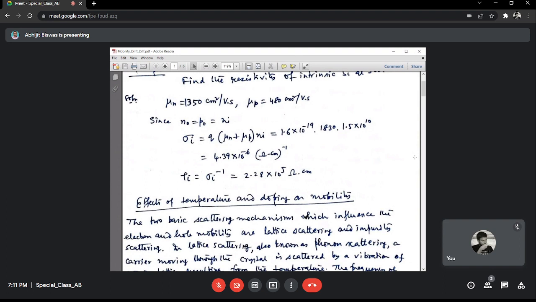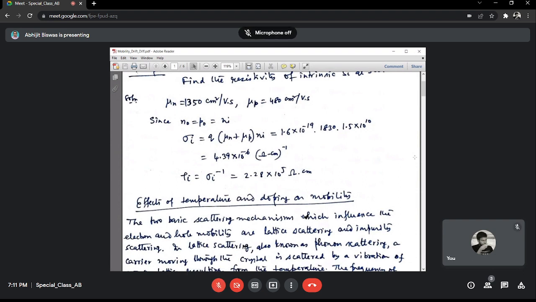Okay. So if we designate this drift velocity by Vd, Vd is equal to the mobility times the electric field. That means we can say that the mobility is the drift velocity of carriers per unit electric field. But mobility is not a constant quantity. It is a function of many parameters that I'll discuss now. Okay.